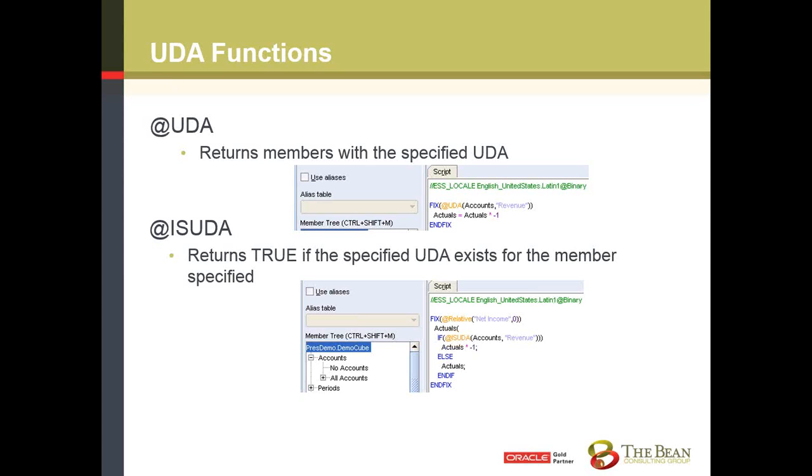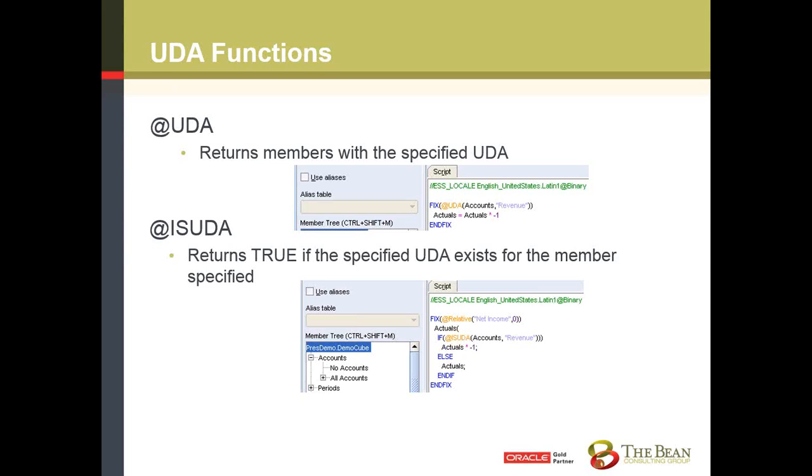There are two main functions you can use for UDAs. The first is @UDA, which returns all the members with the specified UDA. In both examples, we're going to look at doing a sign flip using UDAs as a method of identifying which accounts should be sign flipped.